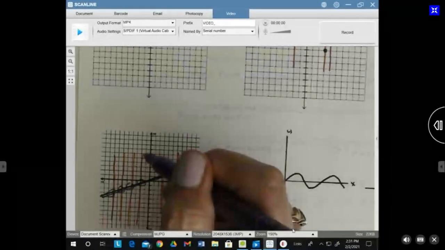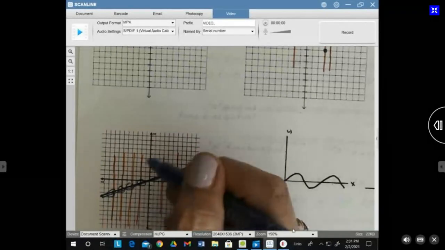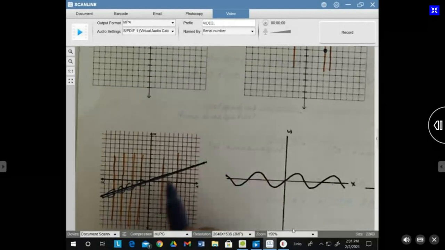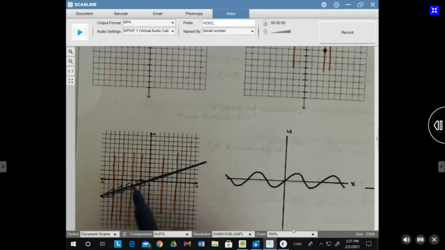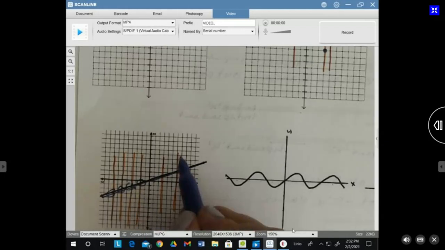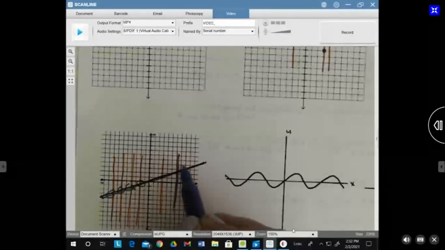Is this vertical line going to intersect with this blue line any place else but right there? No. So it's only going to touch it one time, right? What about this one? Is this vertical line going to intersect with this graph anywhere but here?